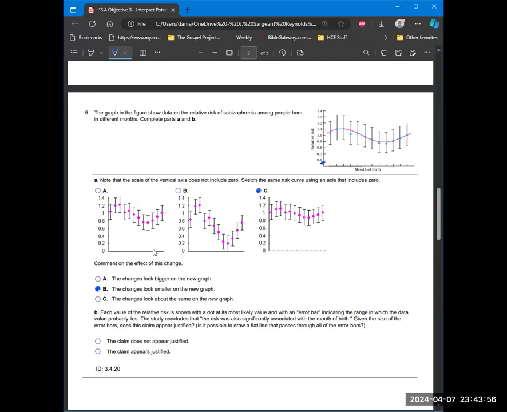Yeah, right about here. So we could do that. And so yes, because we can do that, the claim does not appear to be justified.